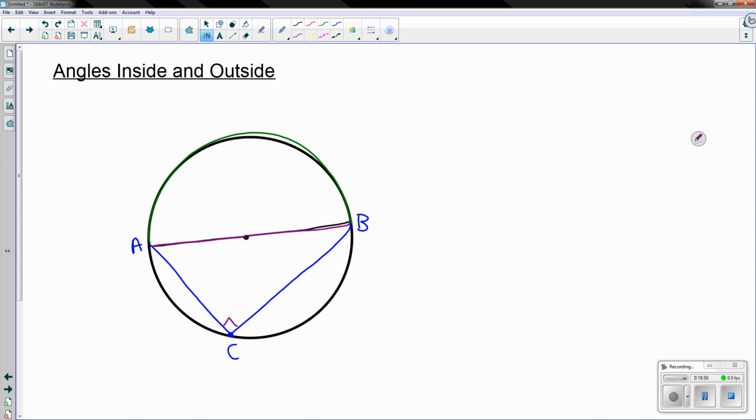Therefore, the inscribed angle is 90 degrees. And if I draw a chord that connects A to B, it will pass through the center, which will represent a diameter, and now you have a right triangle. So that's just one of those special cases for an inscribed angle that you want to be on the lookout for. So that will conclude the video on angles inside and outside of the circle.